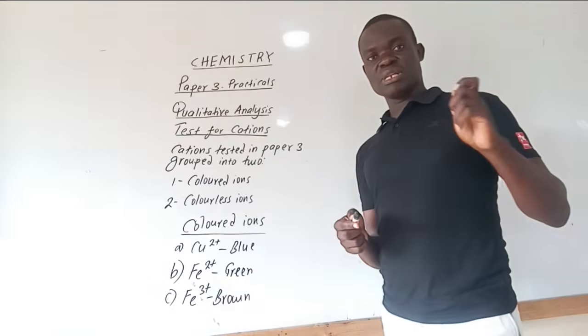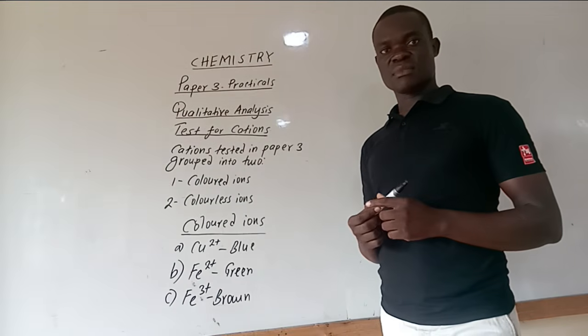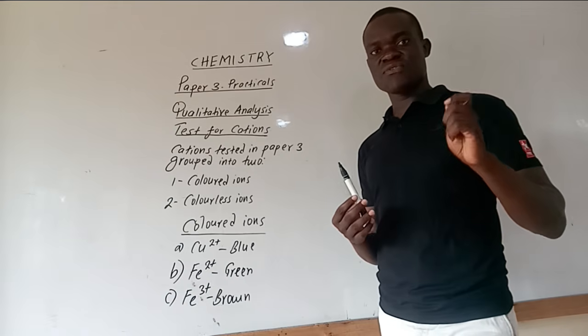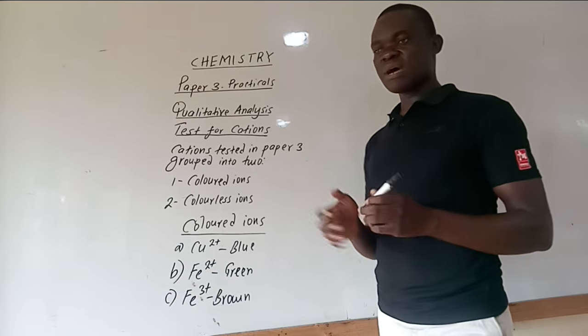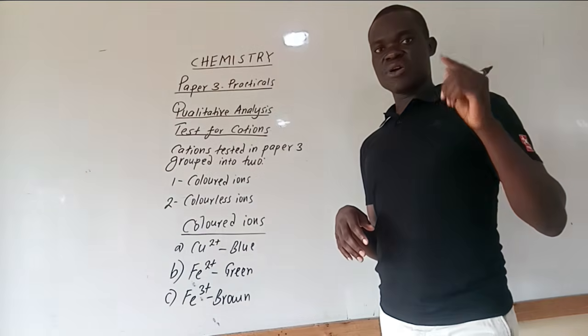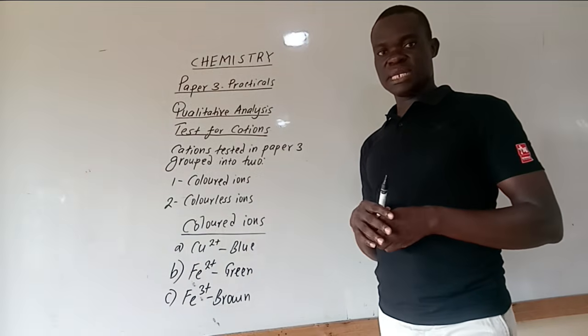But if the solid dissolves and the color of the solution is brown, we say it dissolves to form a brown solution. In our inference part, we write iron 3 ion present.